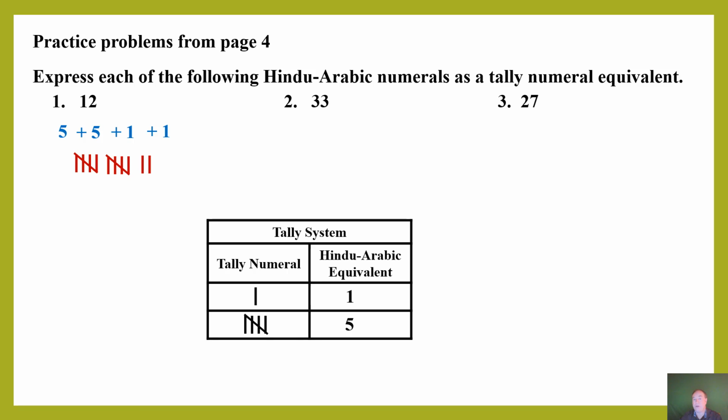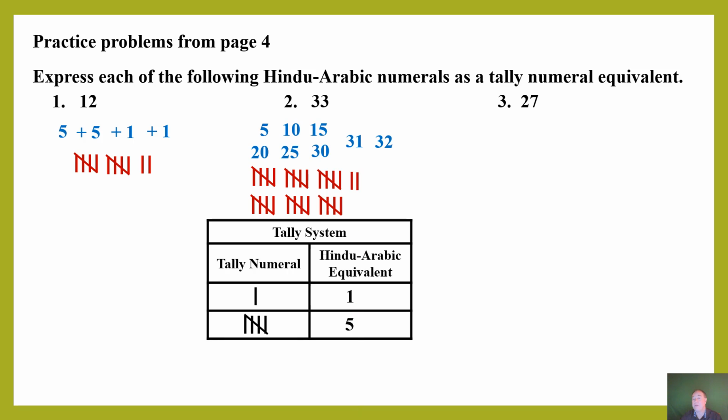Now, for number 2, I have 5, 10, 15, 20, 25, 30, 31 would give me 1, 32 would give me 2, 33 would give me the third. This is using the idea of counting to come up with the tally numeral.